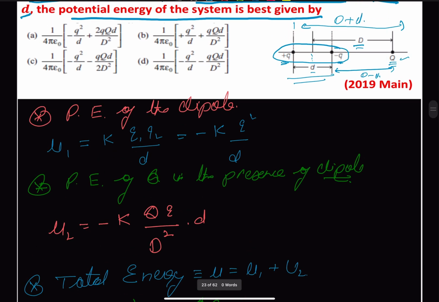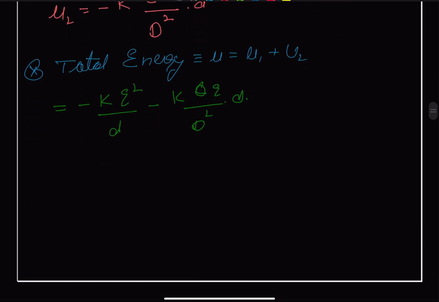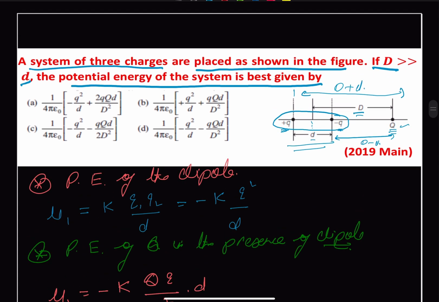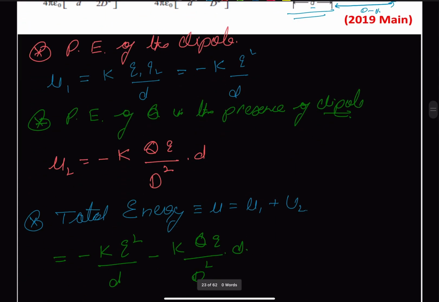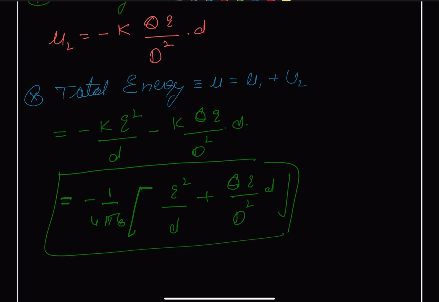There is no need to solve it further because the answer is given directly in the standard format. We just put the value of k, which is 1 upon 4 pi epsilon naught, and this comes as minus Q square upon d, and this will be plus q small q d upon D square multiplied by small d. This is our total energy.